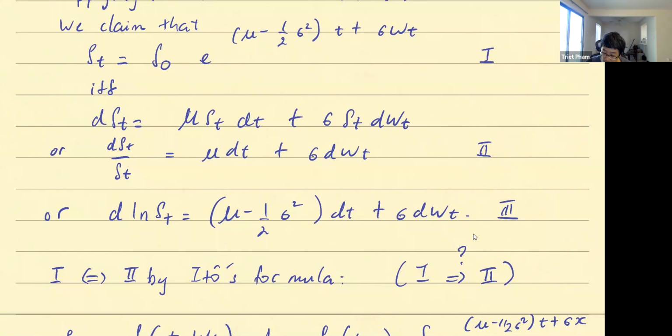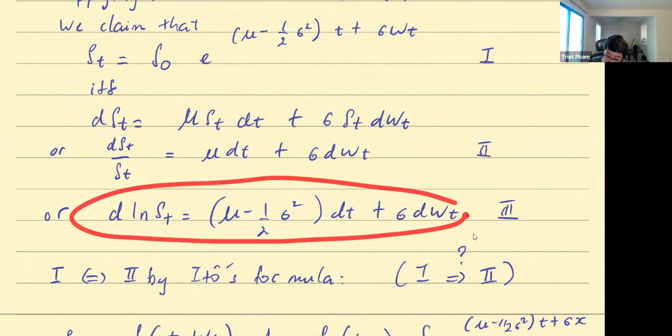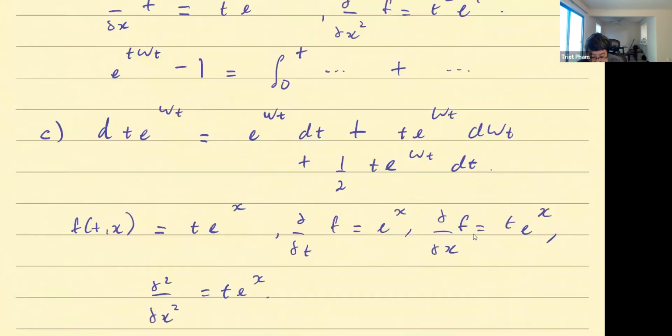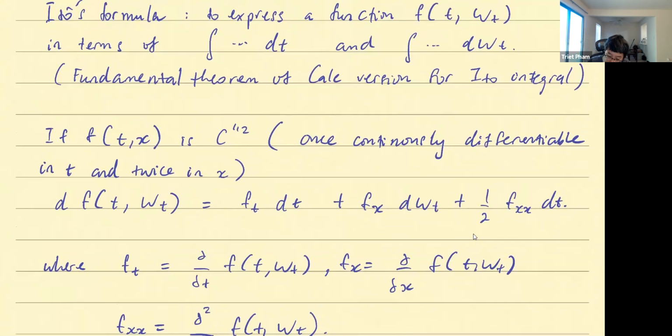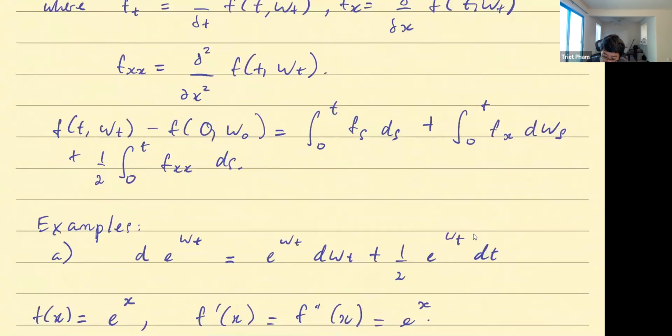Well, what does that require? If we stare at it for a little bit, 2 gives us the differential of S, and 3 gives us the differential of log of S. That's awfully similar to what Ito's formula is trying to do. Ito's formula says that we can find the differential of a function of Wt, like this.